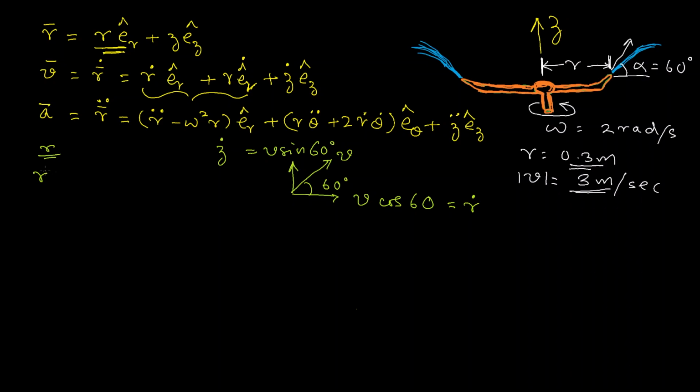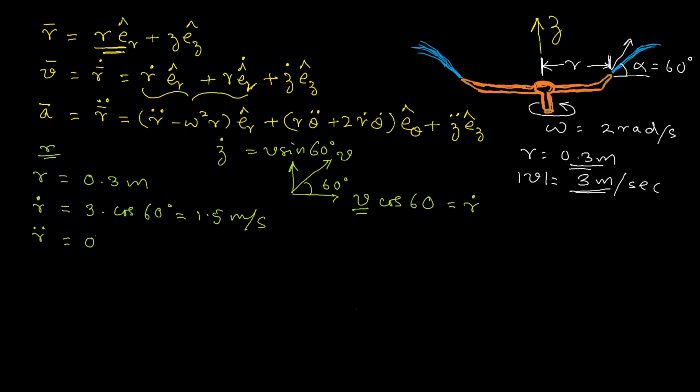So r is equal to 0.3 meters. r dot is equal to v cos 60, which is 3 times cosine of 60 degrees, equal to 1.5 meters per second, and r double dot is 0 because it's coming out at a constant velocity and there is no change in velocity. That means water is coming at a steady state.